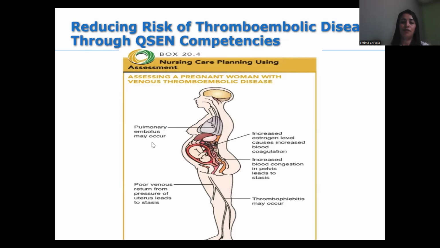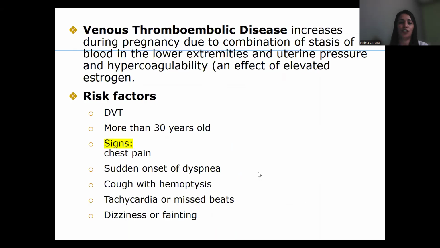Because of the poor venous return or the phlebitis or estrogen that is increased in the body or congestion, okay? So for this one, it could be a combination of stasis of blood in the lower extremities because of uterine pressure. It's because of the enlarging uterus. There is blood stasis, or the blood would stay down there. It could not be moving all throughout the body.